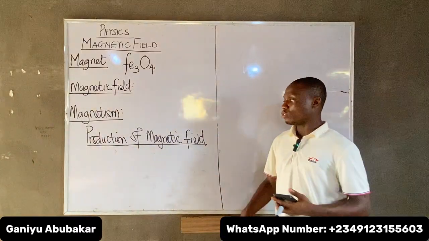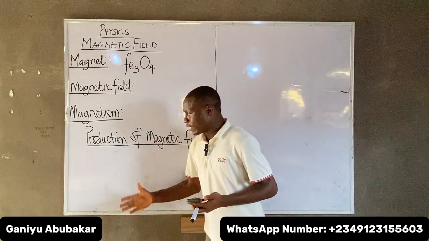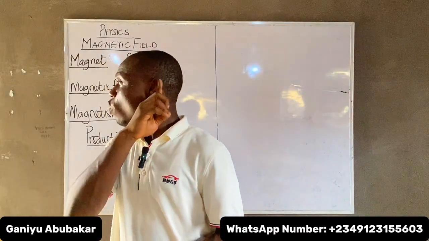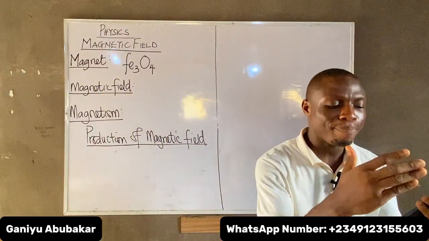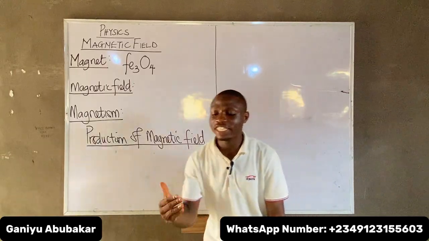This concept talks about how we produce a magnetic field. What are the several ways to which, if I apply this process, a magnetic field could be generated?